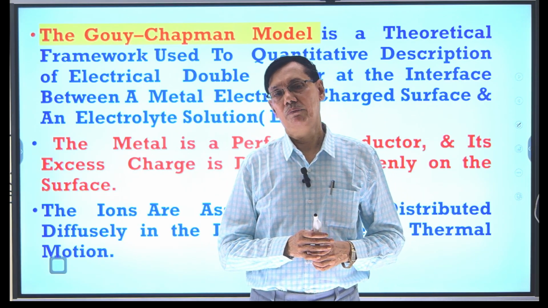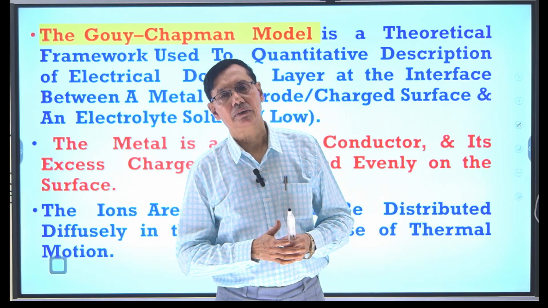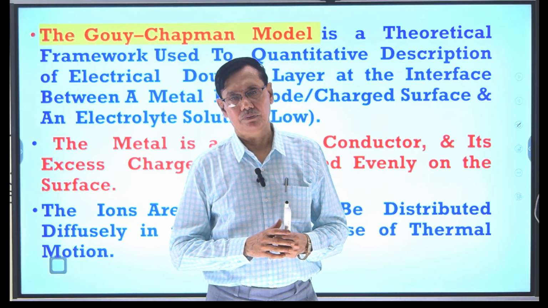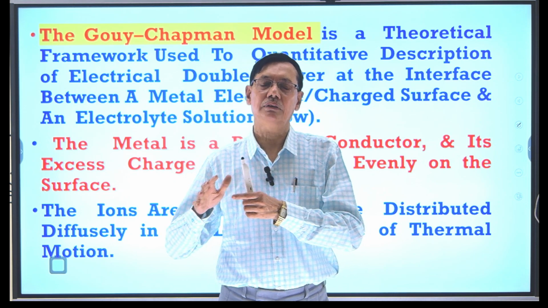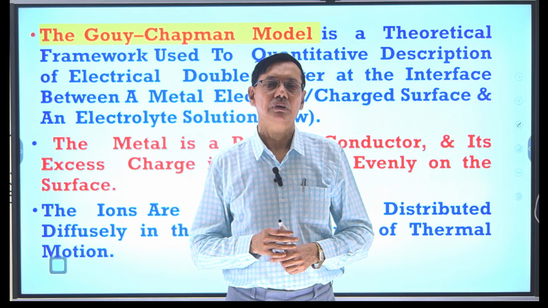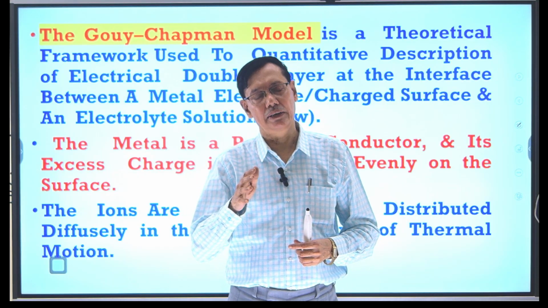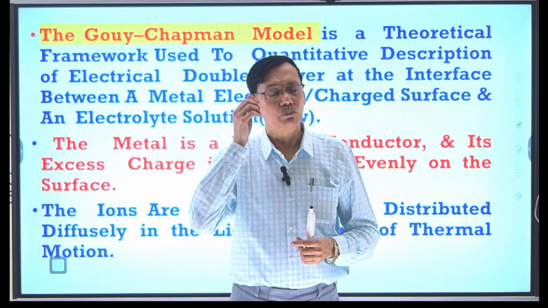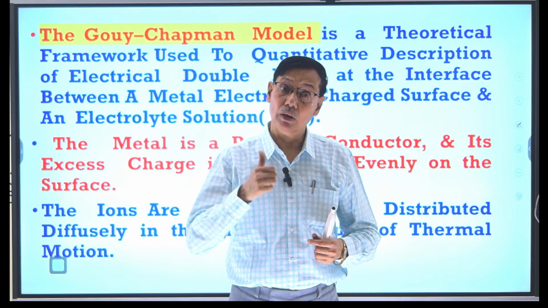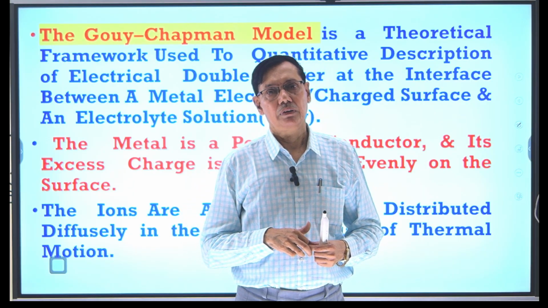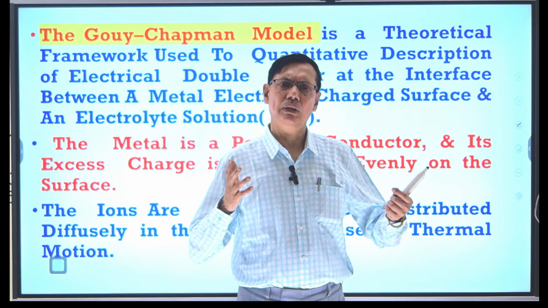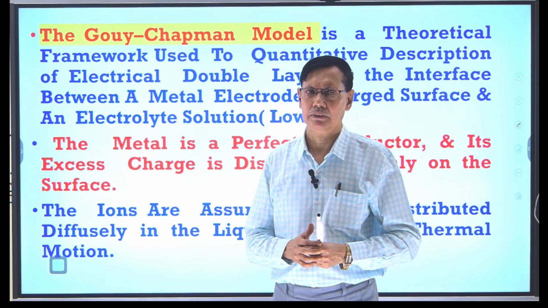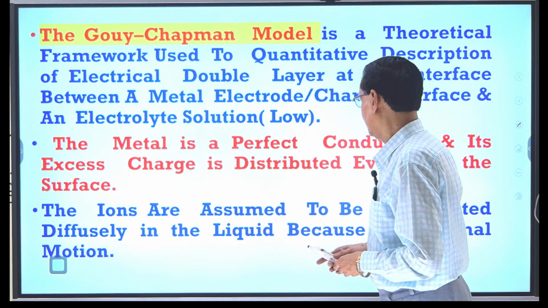Number two, we can also calculate the excess charge density. And again, excess charge density related to electric potential, that is called the capacitance. That can also be calculated in that model. In addition to that, there are many other parameters we can calculate.